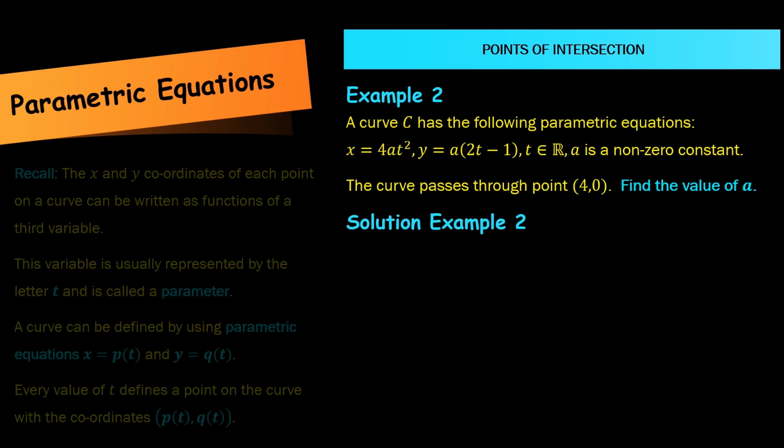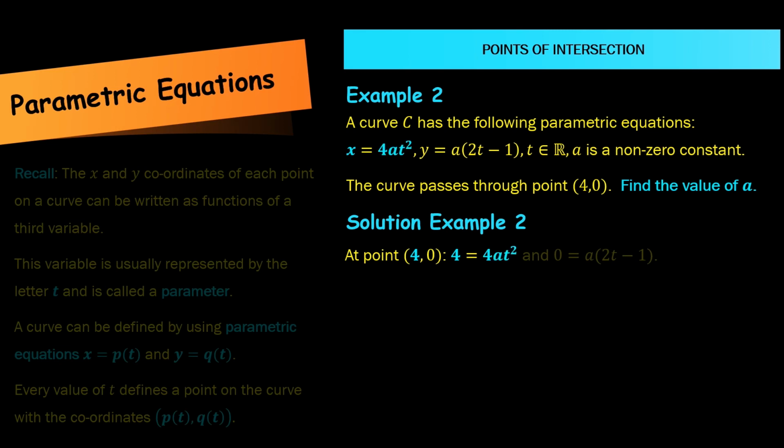So let's solve this. At the point 4, 0, we have 4 equals 4at squared and 0 equals a times 2t minus 1. We obtained the first equation from x equals 4at squared, simply by plugging in the value of x equals 4.